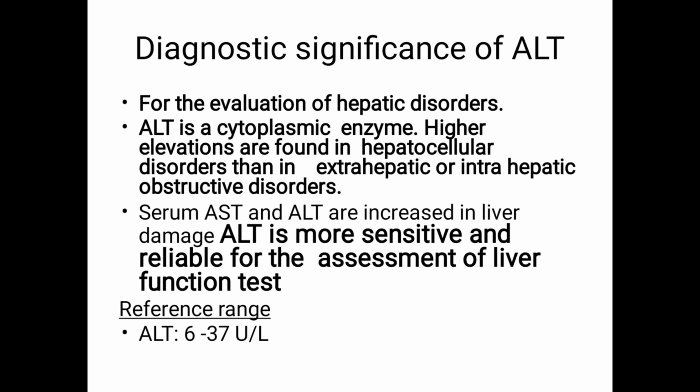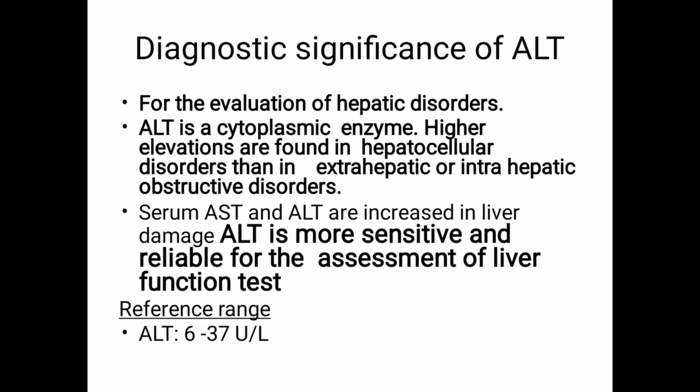So what is the diagnostic significance for the evaluation of hepatic disorder? Both AST and ALT are used in hepatic disorder, but there is a difference. AST is a cytoplasmic enzyme, inside the cytoplasm. Higher elevations are found in hepatocellular disorders than in extrahepatic or intrahepatic obstructive disorders.